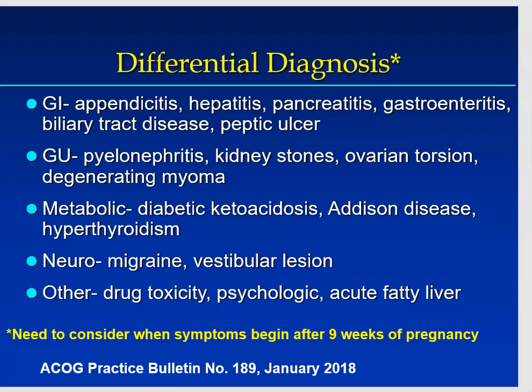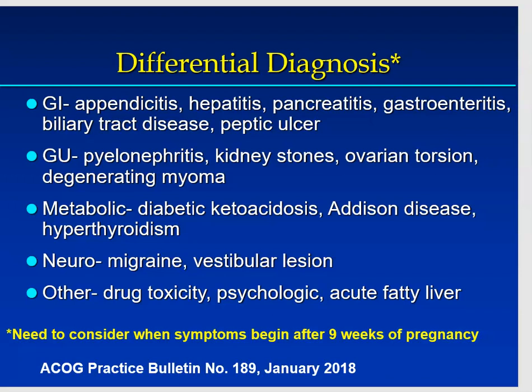Hyperthyroidism also can mimic it, and you should understand that individuals with nausea and vomiting in pregnancy or hyperemesis can certainly have mild thyroid dysfunction with elevation of thyroxine and a decrease in TSH, but usually not at levels seen in hyperthyroidism in pregnancy. Further, they do not have goiters.